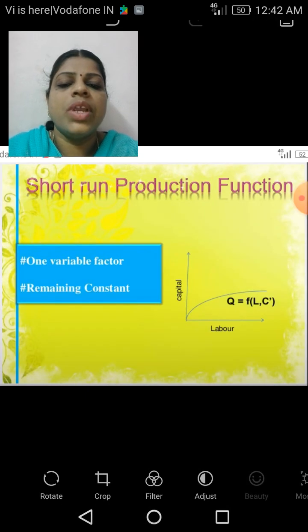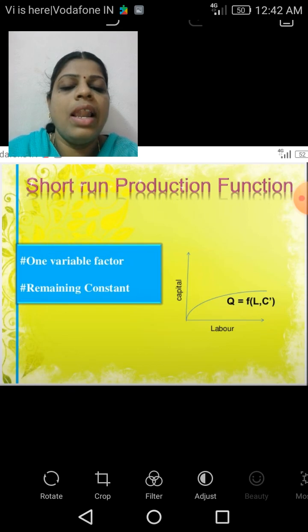Here we can see in this diagram, that is one variable factor, keeping the capital constant. So here we can see the capital, there is no other variation, only there is a change in the labor. So Q equals F of L, C dash. What does it refer to?